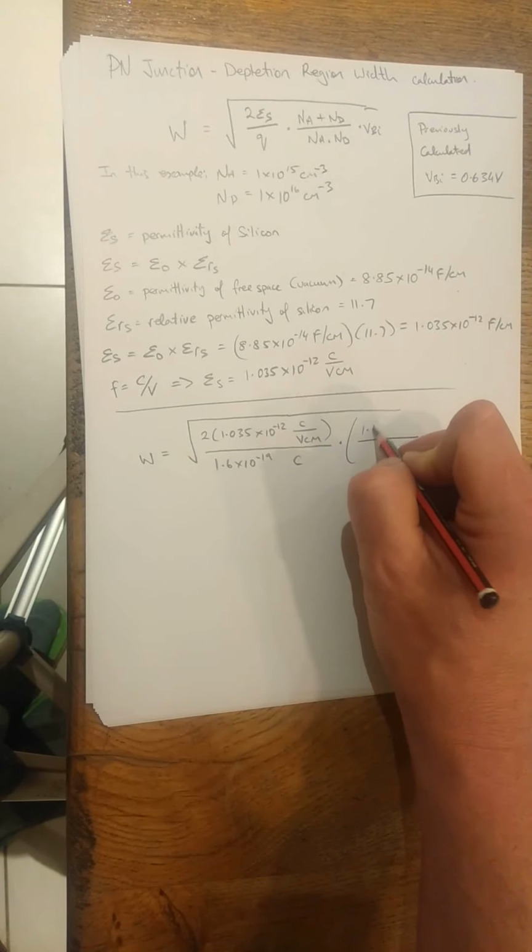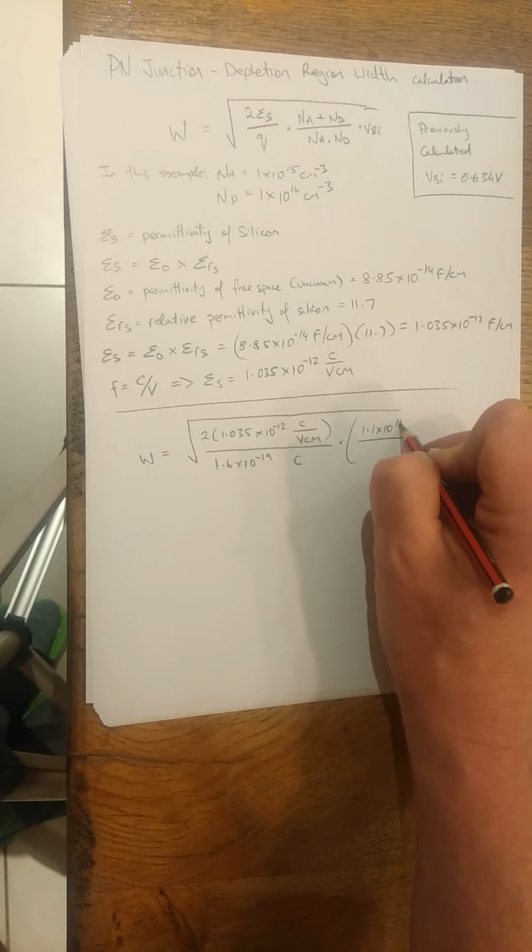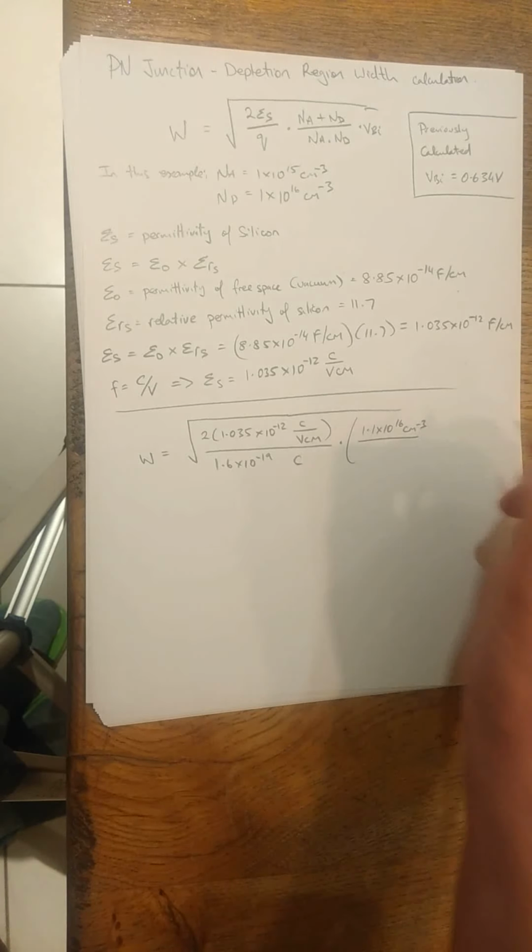So you have 1.1 by 10 to the power of 16 atoms per centimeter cubed.